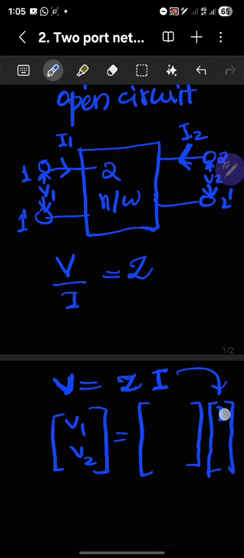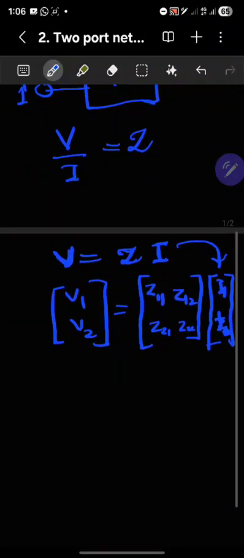Two, I1 and I2. Then what about Z? We have 4, so we'll index them like this: Z11, Z12, Z21 and Z22. Hope this is clear. So this is the Z matrix, this is the I matrix and this is the V matrix. So the Z parameters are Z11, Z12, Z21 and Z22.